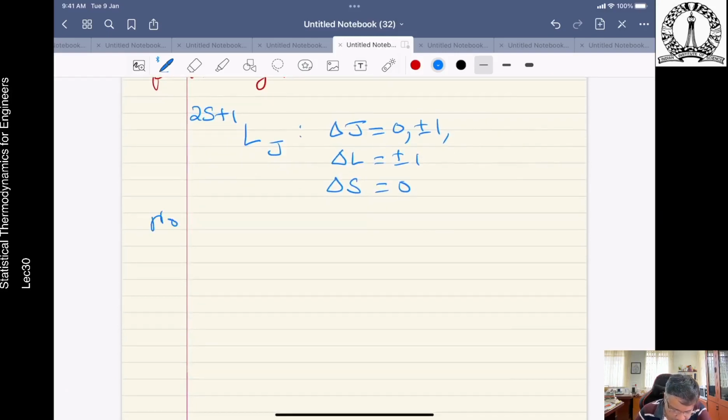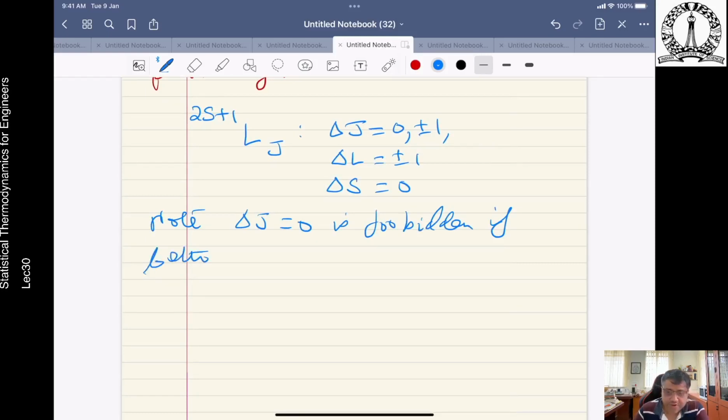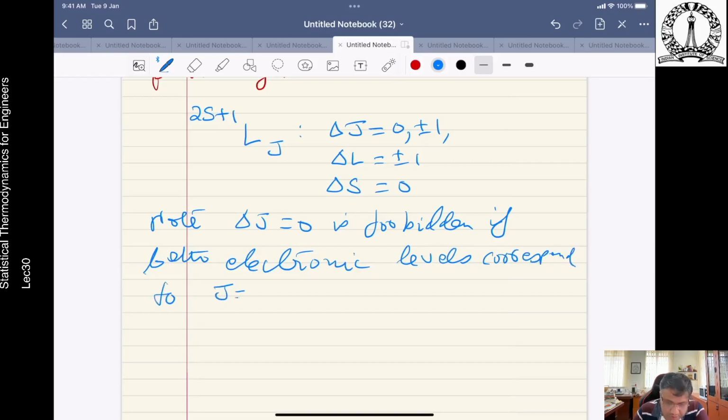But note, delta J equal to 0 is forbidden if both electronic levels correspond to J equal to 0 states.